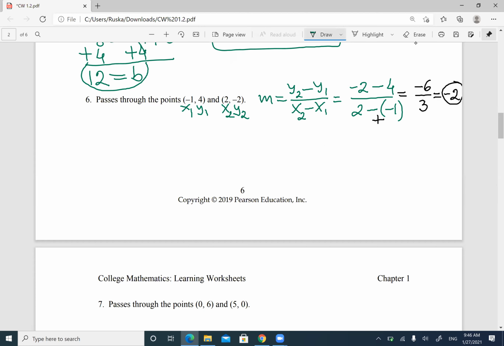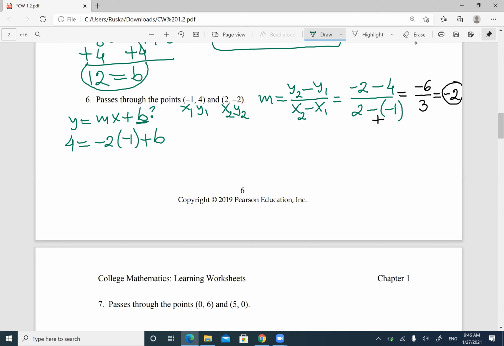So we're going to start with y equals mx plus b, and we're going to solve to find b. I'll use the same first point. So I have y is 4, the slope is negative 2, and the point for x is negative 1, plus b.